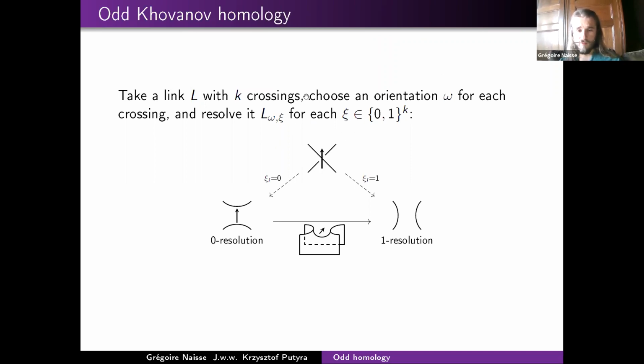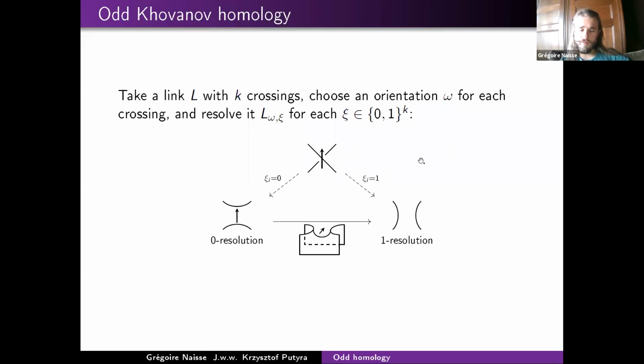And then again, when you have done that, you can resolve it into a 0 resolution or a 1 resolution for each state. And as before, you construct your cobordism by putting in saddles. And you just use this orientation omega to orient your saddles. And so if you do this, you will end up with a huge cube of resolutions where the edges are chronological cobordisms.